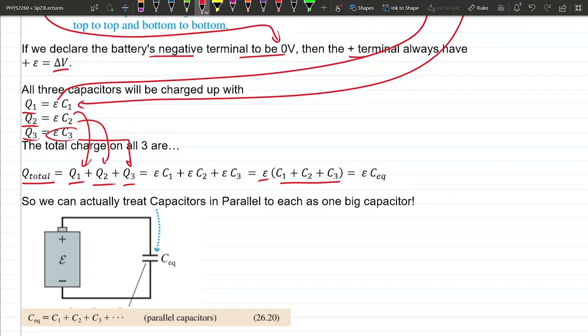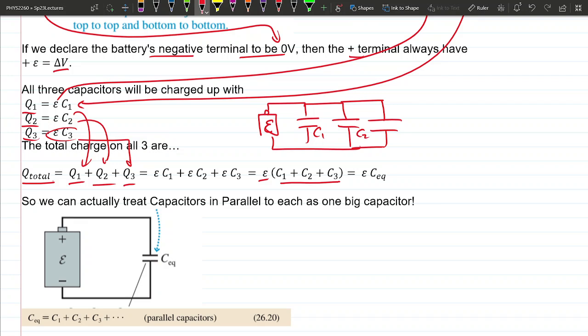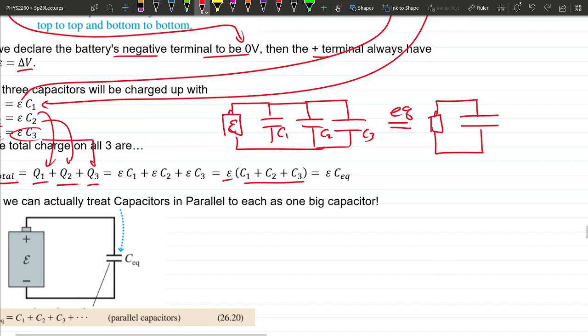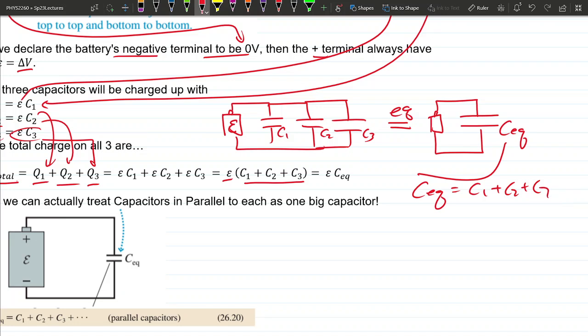So a battery with 3 capacitors, C1, C2, C3, is equivalent to having a battery and a single bigger capacitor. I'm going to call that CEQ, EQ for equivalent. That equivalent capacitance is just going to be C1 plus C2 plus C3, because that's exactly what we have here. Does that make sense?